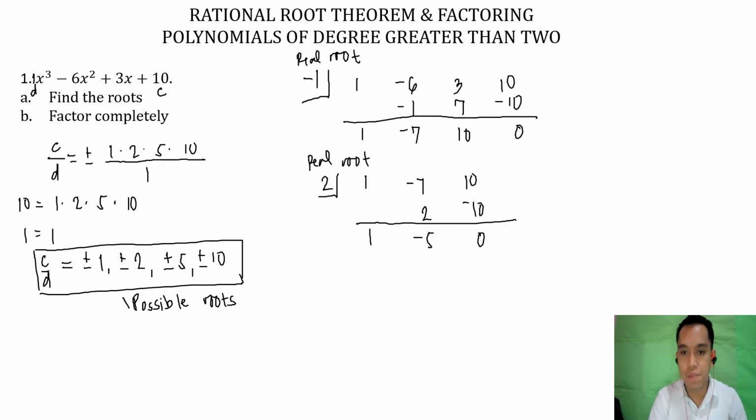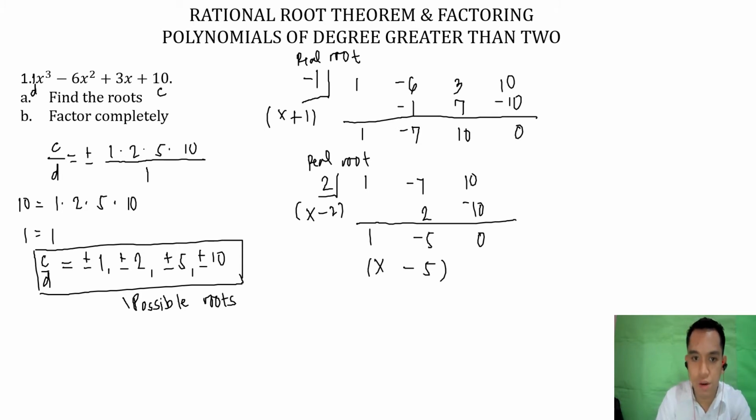So therefore, the factors are x plus 1, x minus 2, and x minus 5.